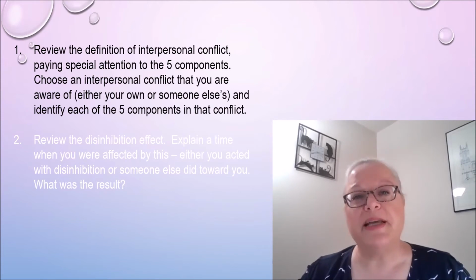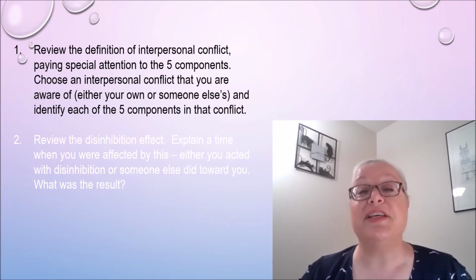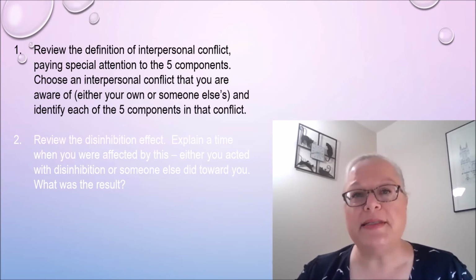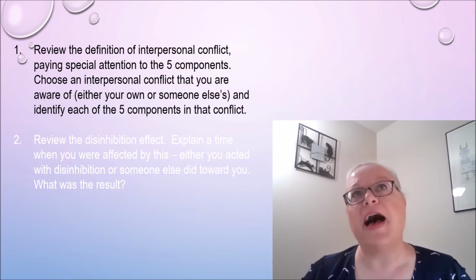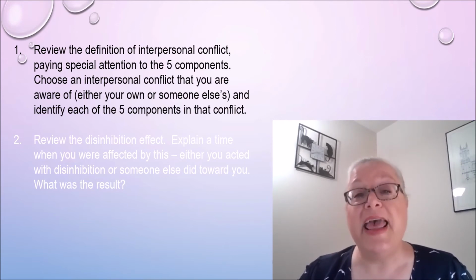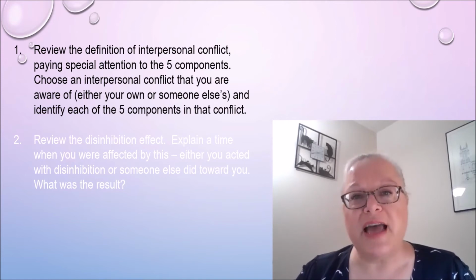I'd like you to start by taking a deep dive into our definition of interpersonal conflict and the 5 components that make up that definition, or the 5 conditions that have to be present in order for something to be an interpersonal conflict.